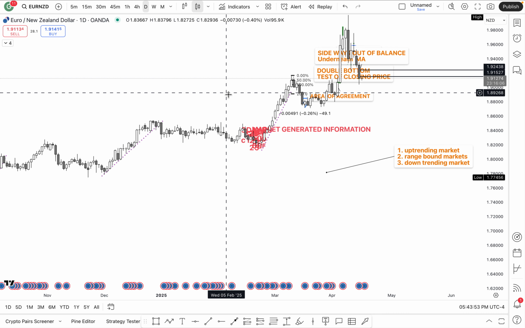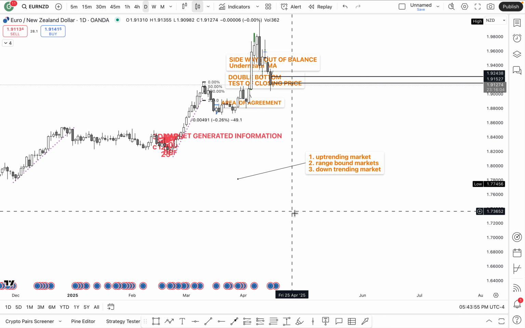Now within these 3 cycles, we can start looking at Stacey Burke's first red day for a downtrending market, first green day for an uptrending market. A first red day can be the beginning of a downtrending market. A first green day can be the beginning of an uptrending market.